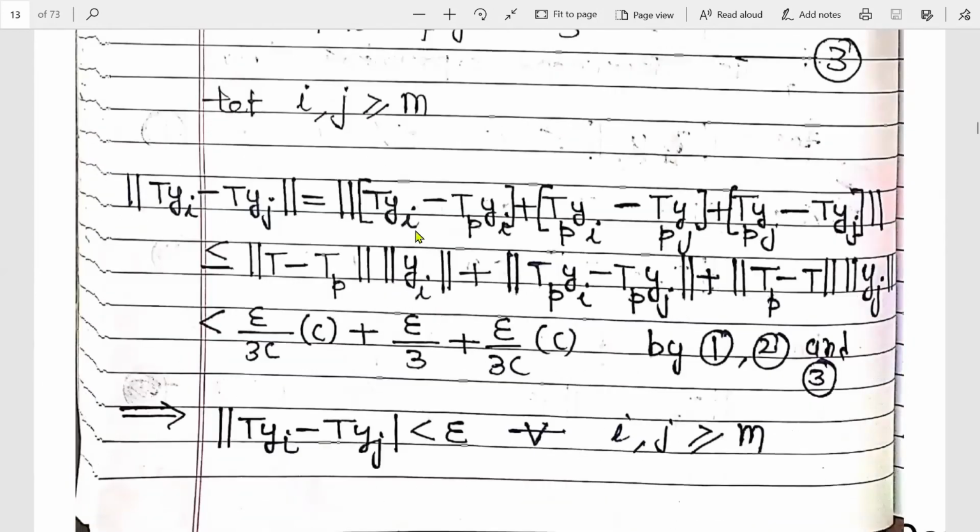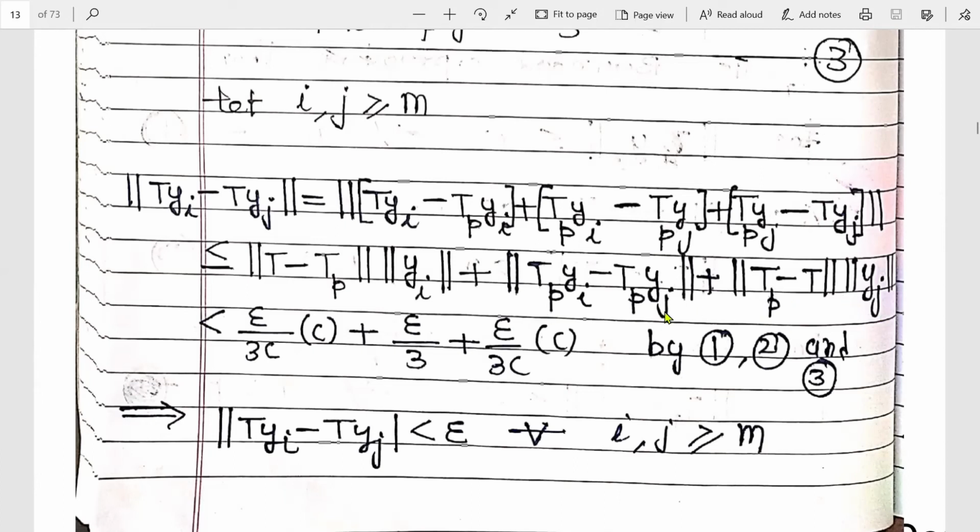By using the triangle inequality, this is less than or equal to the first part plus the second part plus the third part. The first and second parts are similar, because here the common term is y_i, and here the common term is y_j. By the definition of a bounded operator, this can be written as this into this plus this into this.